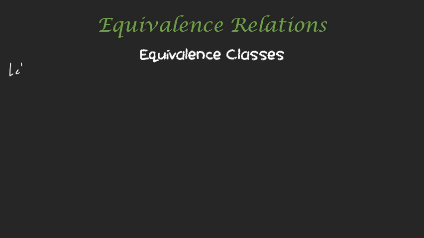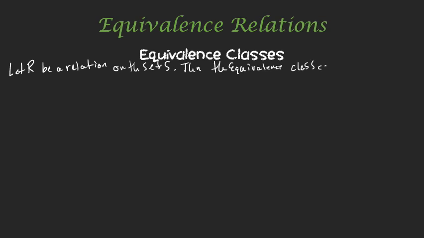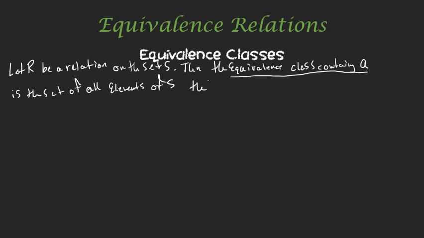So let R be a relation on the set S, then the equivalence class containing the element A, equivalence class containing A, is the set of all elements of S that are related to A, or that A is related to.